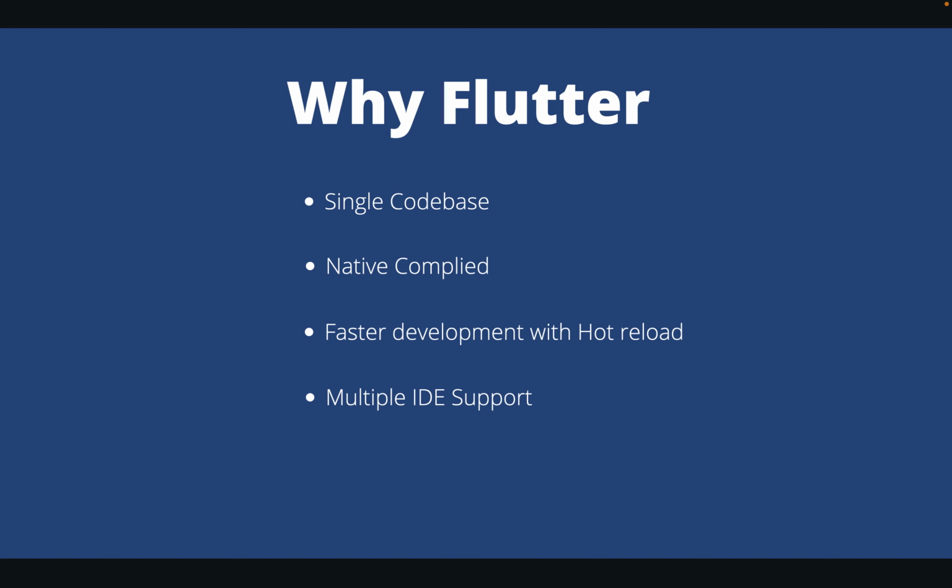So we have to write the single code only once, and we can distribute the app with a native feel and native look to our customer. Again, in Flutter we develop applications very fast.